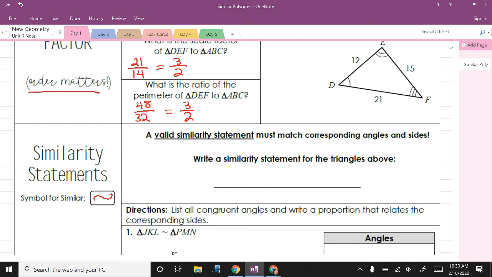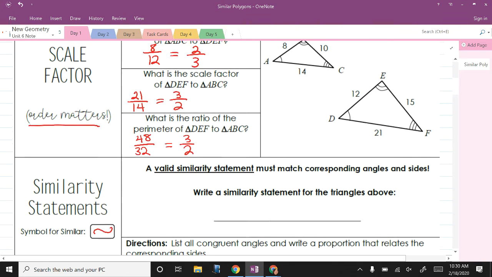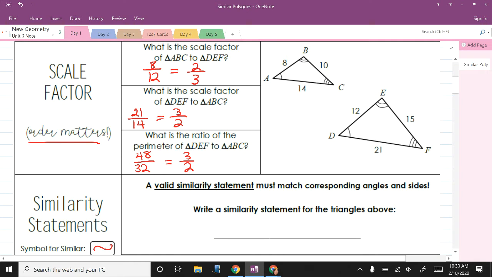Now it says, write a similarity statement for the triangles above. Let me scroll it so I can see both triangles. All right, so you're going to have triangle blah, blah, blah is similar to triangle blah, blah, blah. Make sure you match up congruent angles. Aren't the angles marked congruent? I'll see that with 1 arc, 2 arcs, or 3 arcs. So, angle A is congruent to what angle in the second triangle?